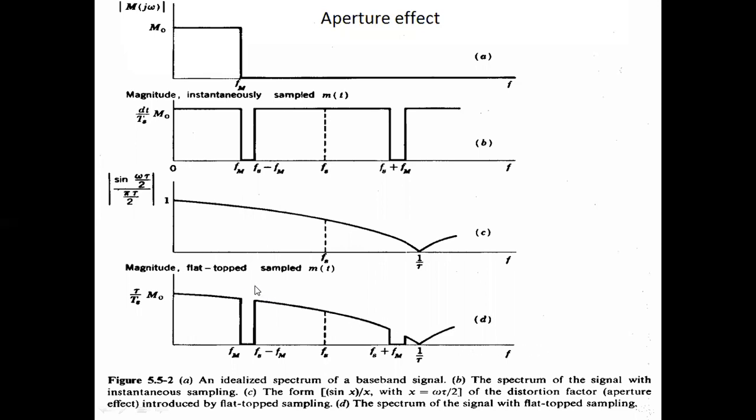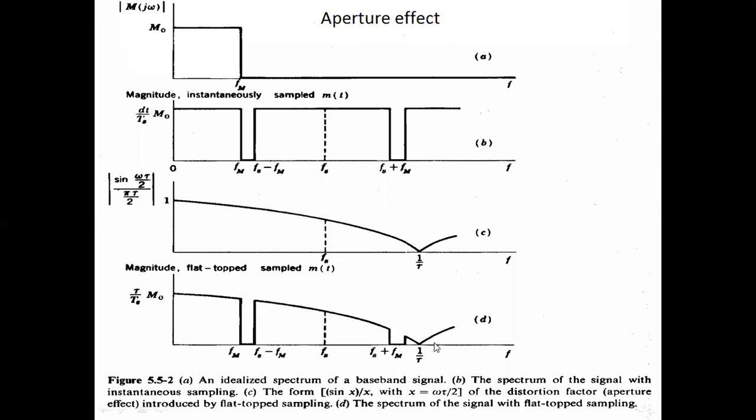This reduction of the amplitude of the samples in the recovery process is called the aperture effect. That means we are unable to recover the samples at higher frequencies. You see that the first sample is nearly the same with a small fraction of error, the second sample's difference increases, and the third sample decreases further.